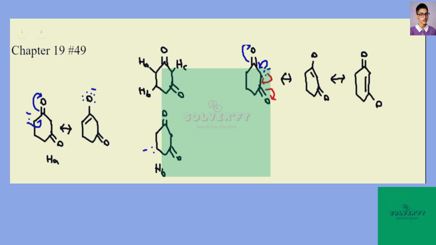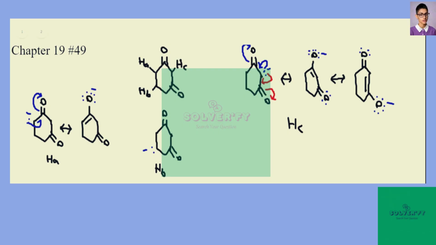So let me put my lone pairs and charges in. If we follow the blue arrows, we get to that. And if we follow the red arrows, then the extra lone pair and the negative charge is there. Okay, and so those are our 3 resonance structures for HC.